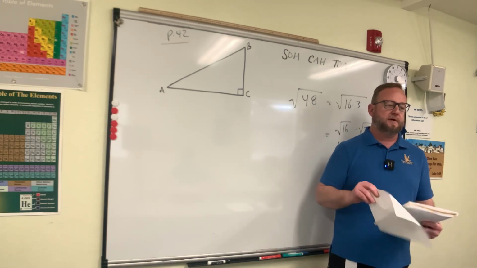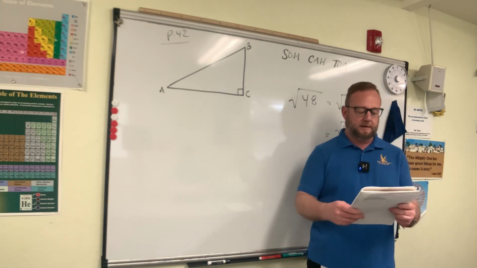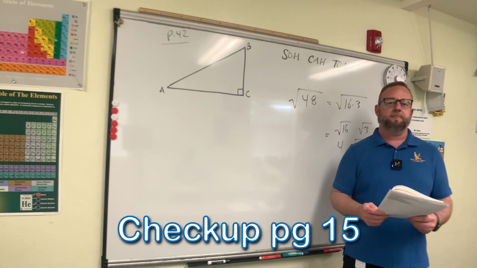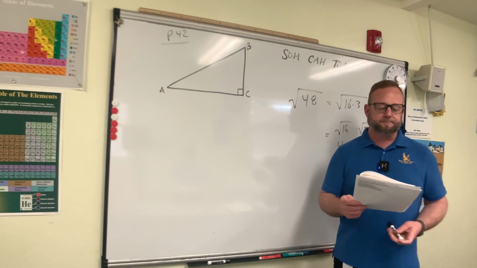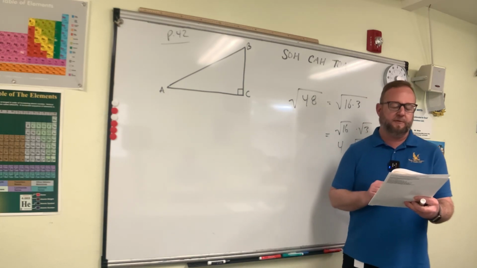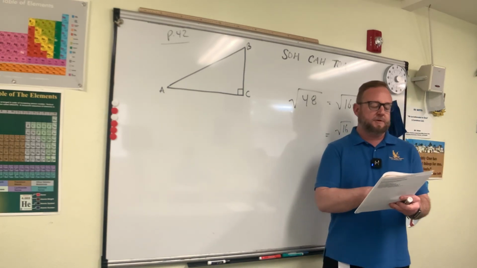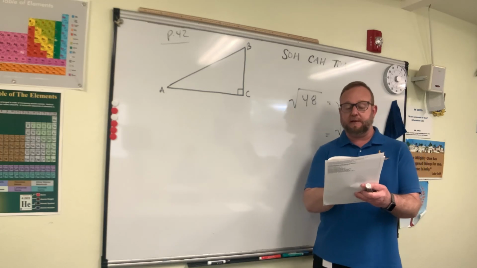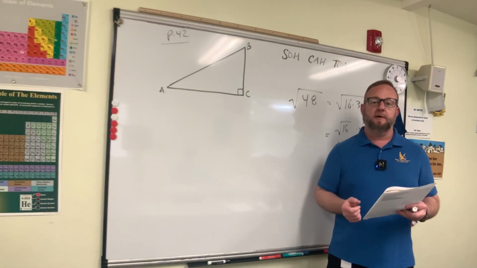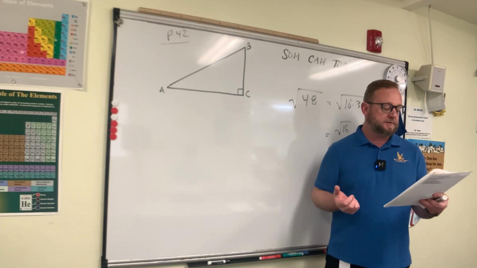The next one is use a proportion to find unknown lengths in similar triangles. Where do I find that? Oh, that's on page 15, problems 2, 3, and 4. The instructions say find the unknown lengths if triangle ABC is similar to triangle STR. So those are similar triangles.